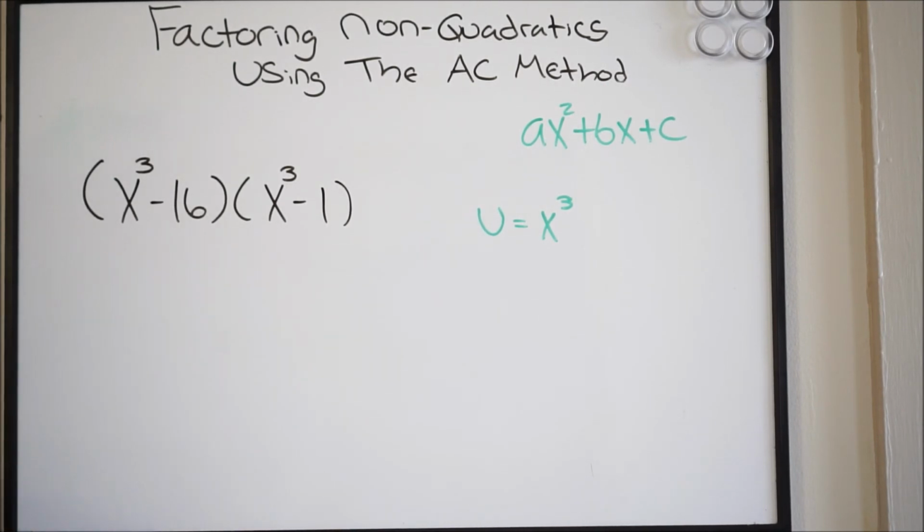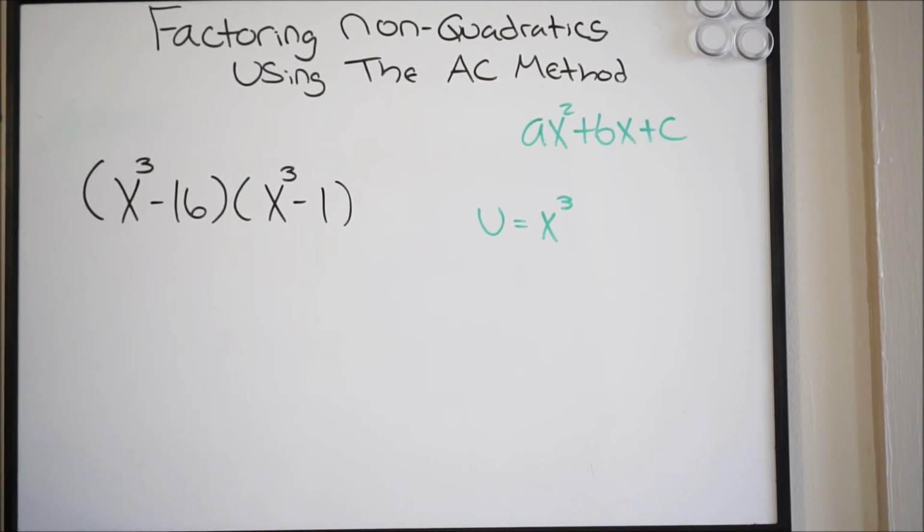At this point, you may be asking, can we go further with this? Looking at this factor right here, there's not much we can do with it. However, if we look at this one, if you recall the previous videos, we talked about the difference of two cubes.